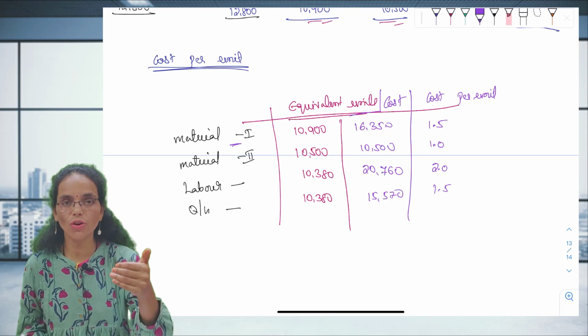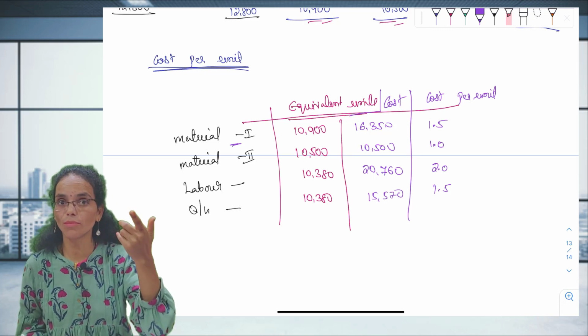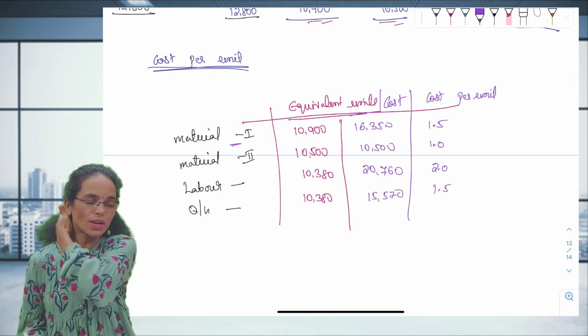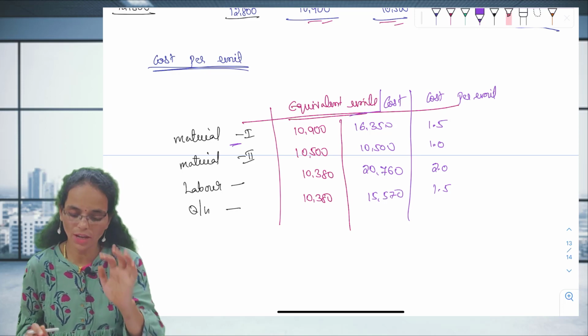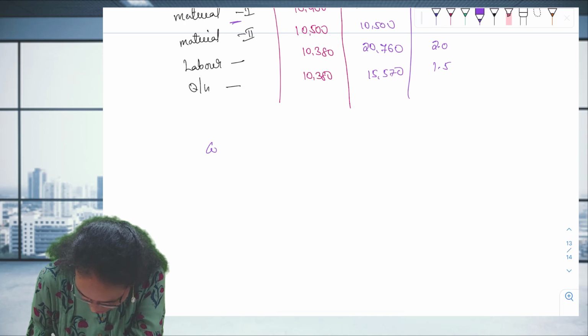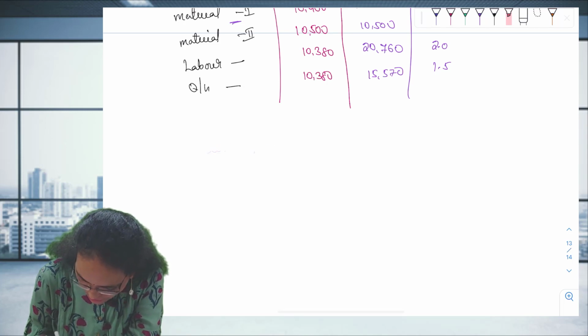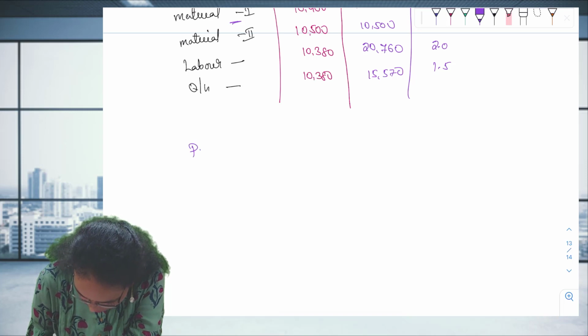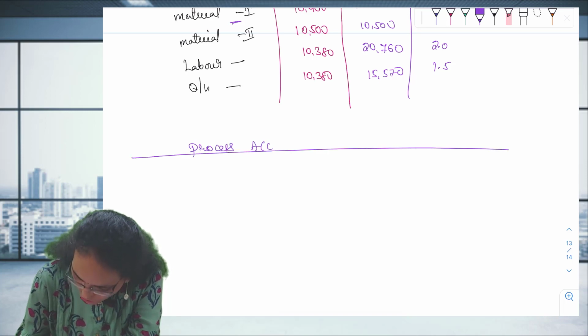Now we have closing stock. We have abnormal cost. Again you can ask me how to remember, madam. Then I'll tell you. Come back here. Process costing. Process account. How to open a process account?